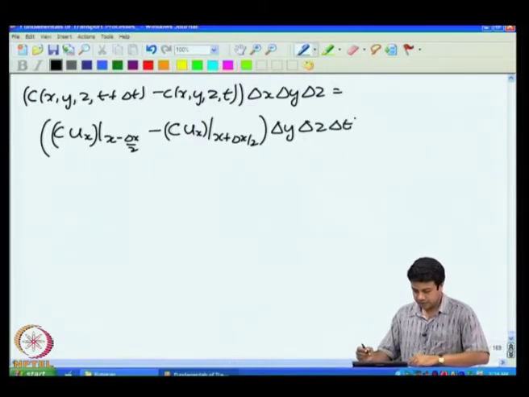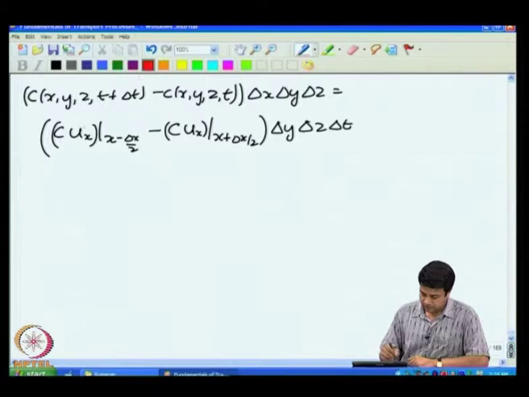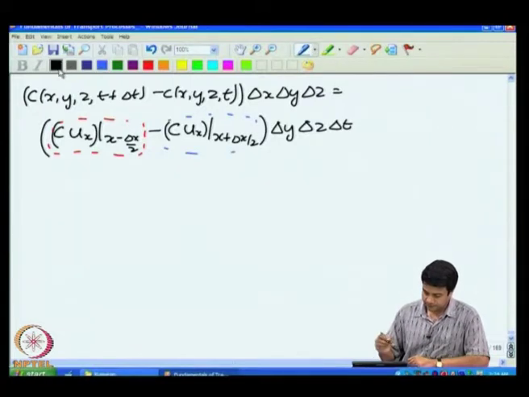Note that the first term here was the mass that came in, and the second term here is the mass that is leaving this differential volume.